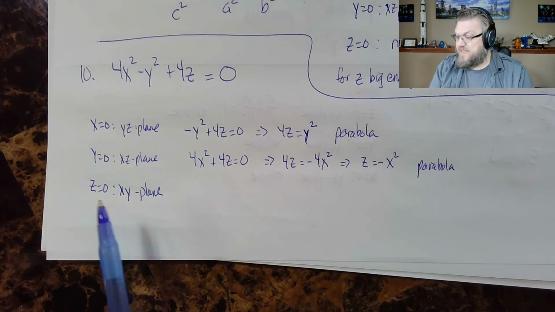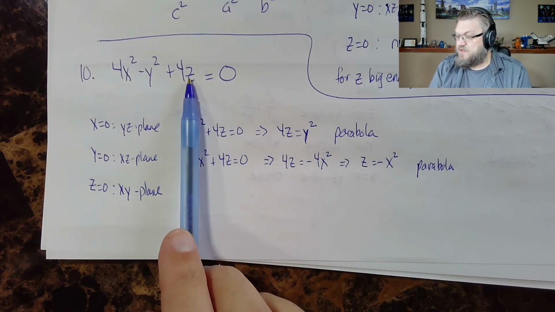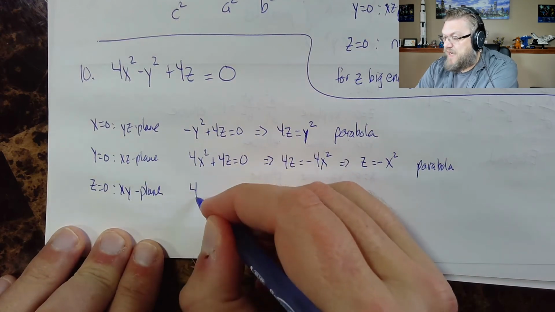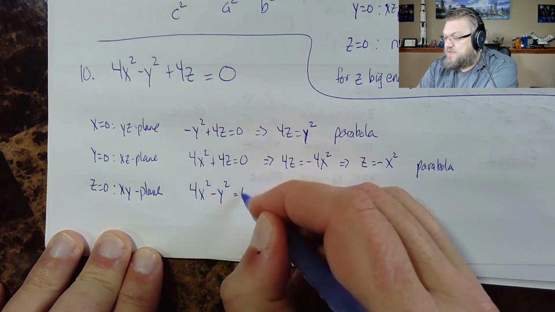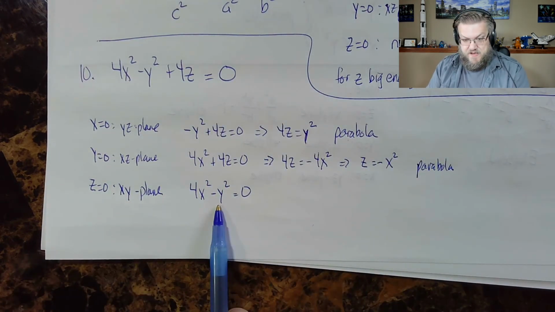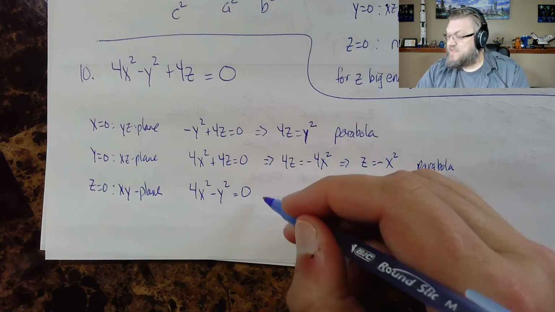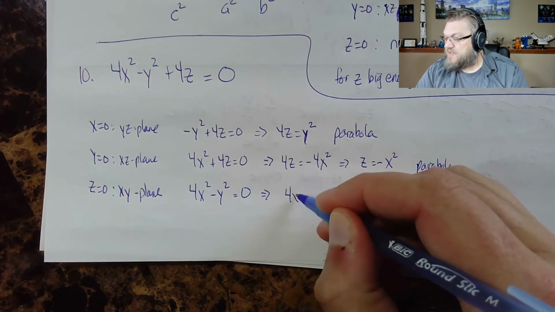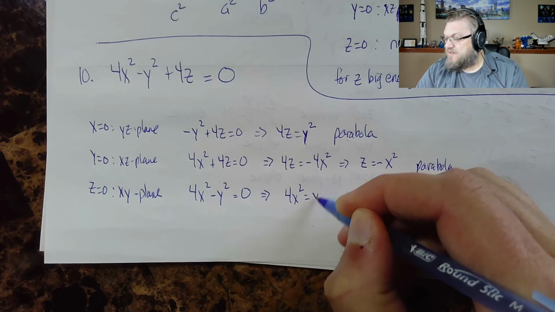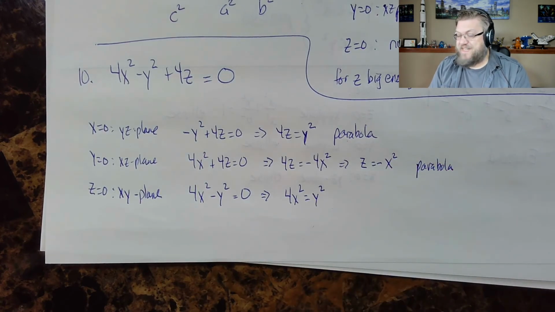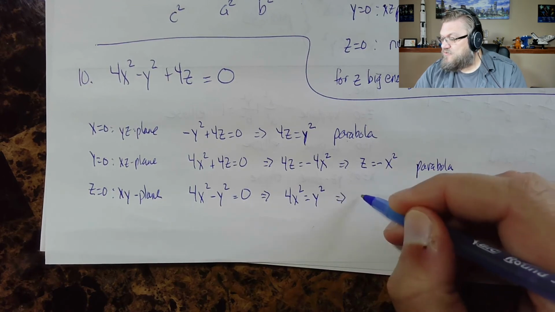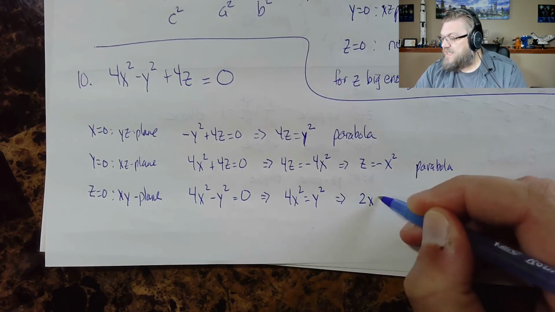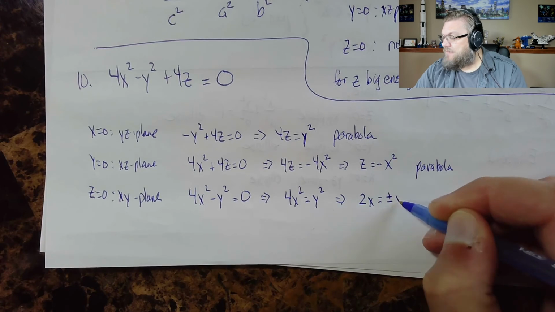Okay, final check here. z equals 0. If z is 0, I end up getting 4x squared minus y squared equals 0, right? And this is basically why I wanted to do this problem, because look, this ends up being 4x squared equals y squared. Taking the square root of both sides gets me 2x equaling plus or minus y.